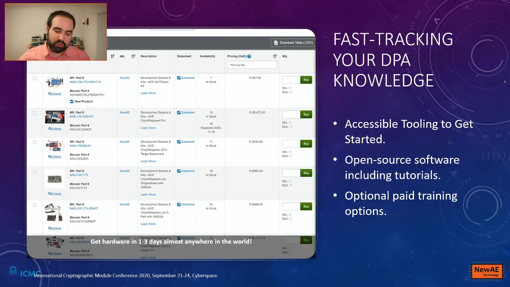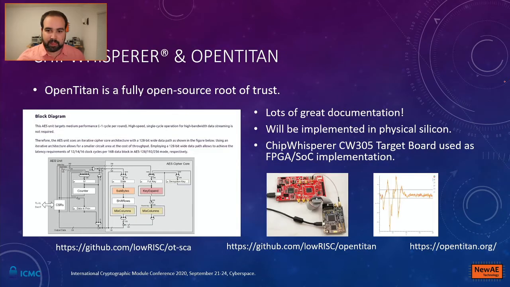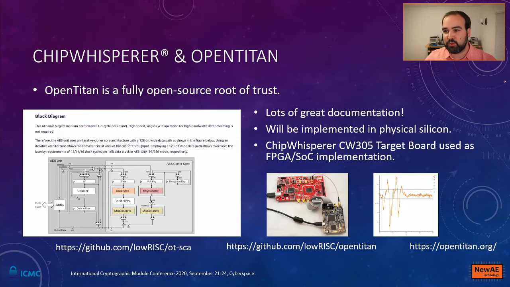We've been working for some time to marry this ease of accessible hardware with some of the open source software, as well as an online training component that's now coming online. So if you're interested in spinning up, there's all sorts of things you can do to understand DPA attacks.